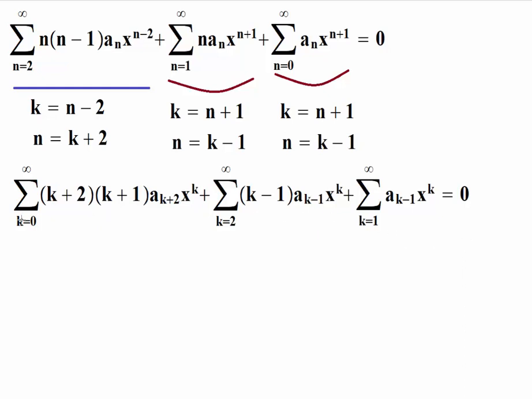Now you can see the summation here is starting from k equals 0, here from k equals 2, and here from k equals how much? 1.